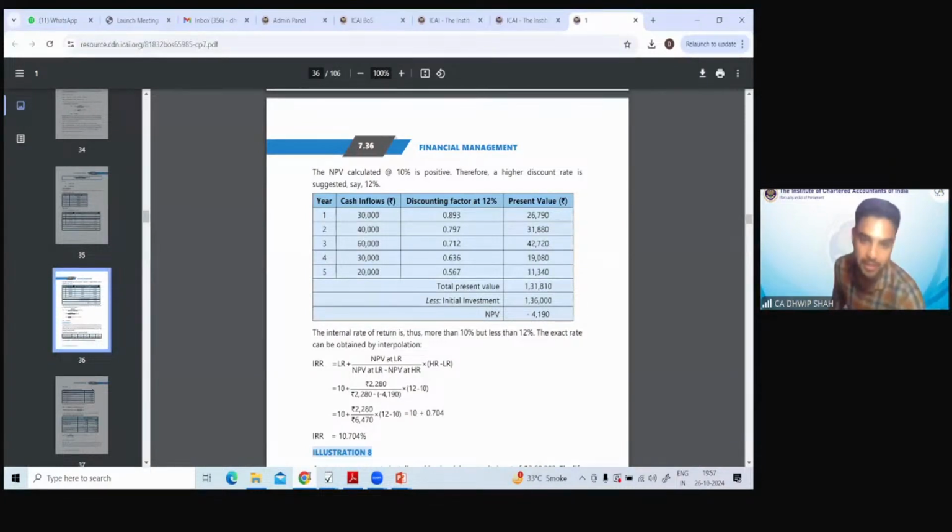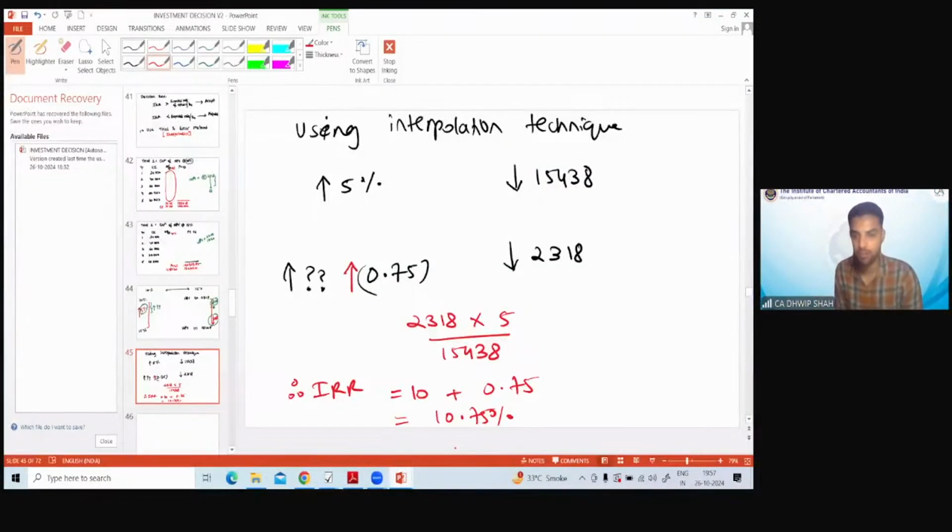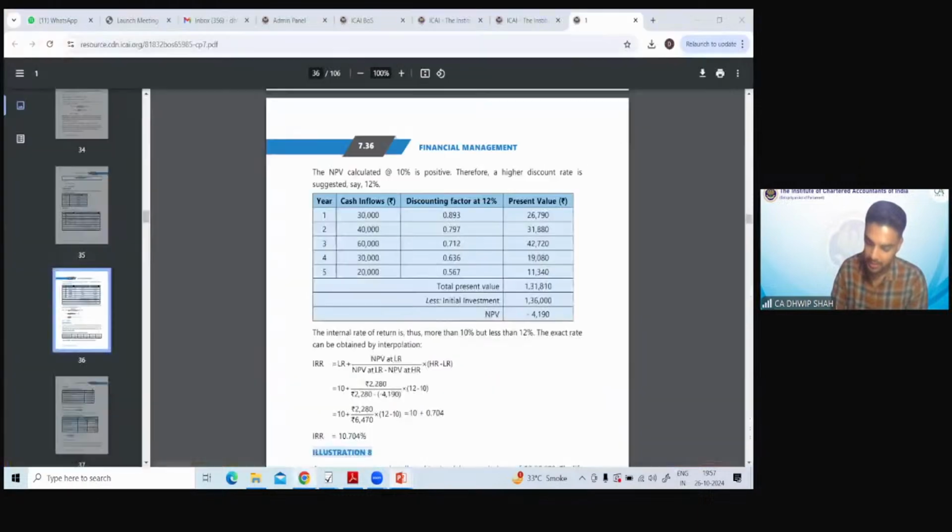Since they have used 3 decimals, there is a minor difference between our calculation and theirs, and also their gap is very small. Their trial 2 is at 12%. The smaller the gap, the more accurate the result. Our gap is a little huge, from 10 to 15.